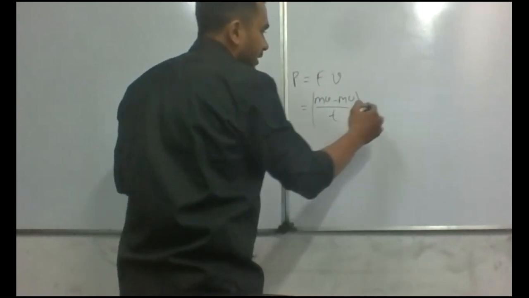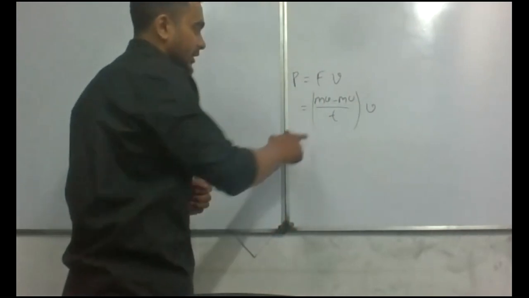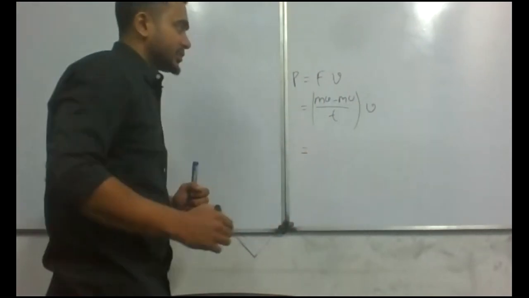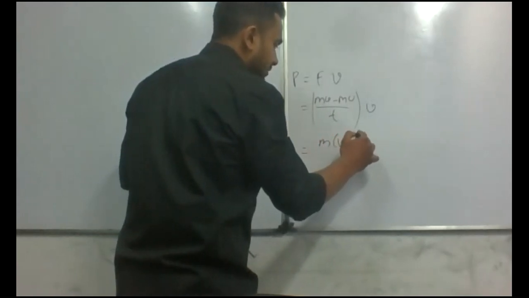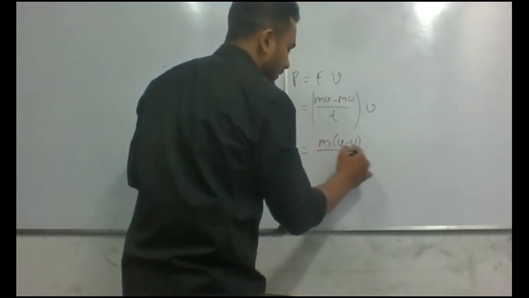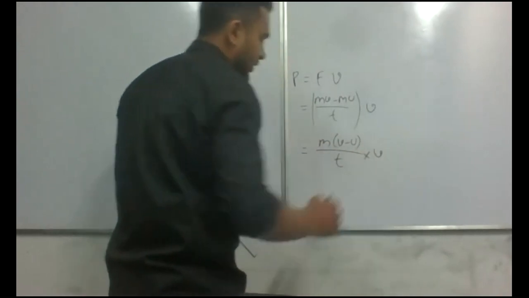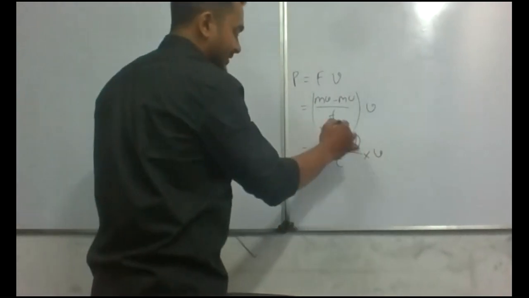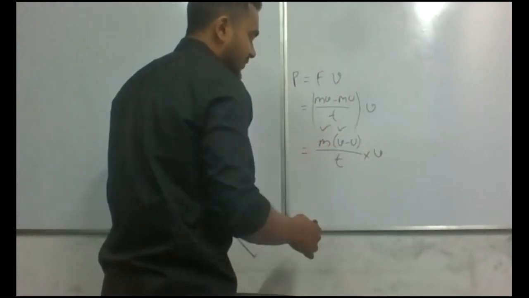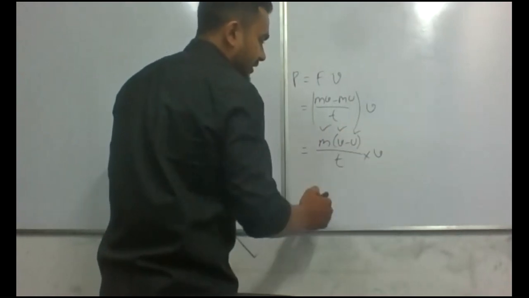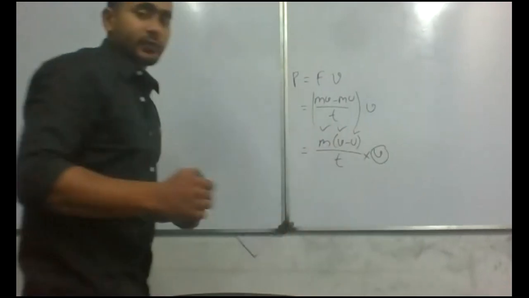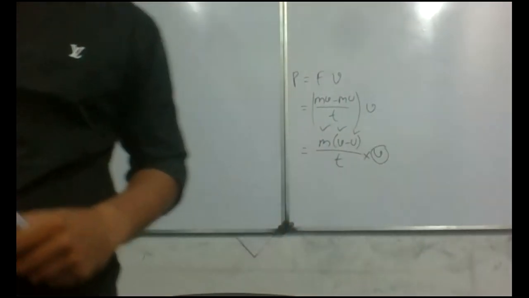That's actually force times the velocity. So খেয়াল করেন এখানে সব ইনফরমেশন কিন্তু আমাদের জানা। আমরা এখানে m(v minus u) divided by the time times v যদি আমরা বসিয়ে দিই সবগুলো ভ্যালু, mass given, v is the final velocity, u is the initial velocity, and t is the time times the velocity.